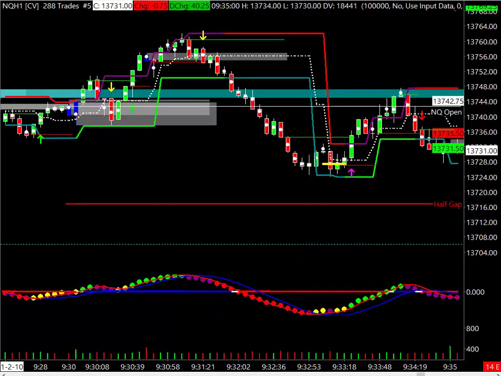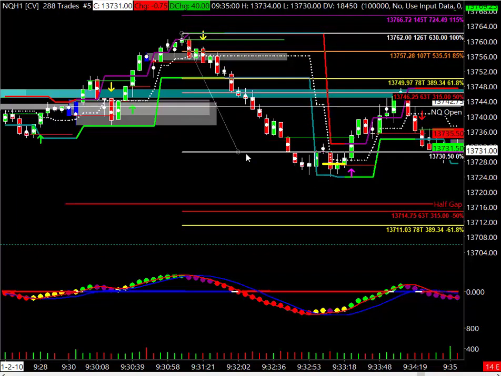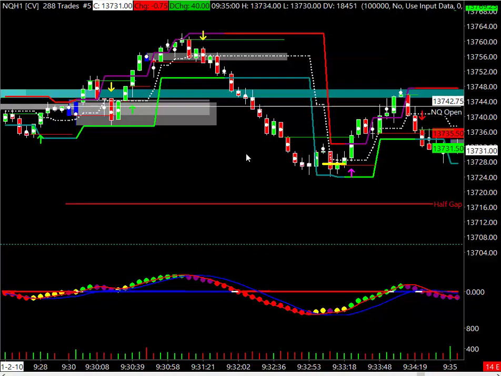All right, ladies and gentlemen, on the next trade setup, same time frame, same day. As we can see, we had a major push down here. This is not the trade setup, but our guy was in the trade setup here, with support and resistance.